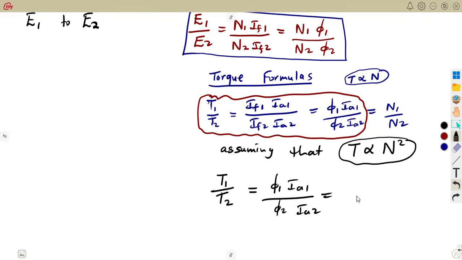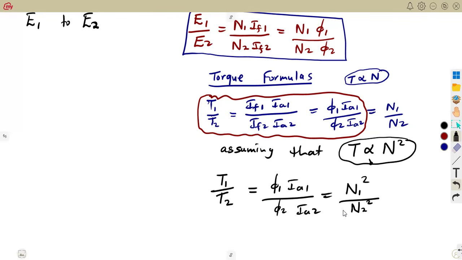Then in terms of the speed, we are going to have this as N1 squared over N2 squared. When assuming that the flux is proportional to N squared, this is how our formula is going to look like.